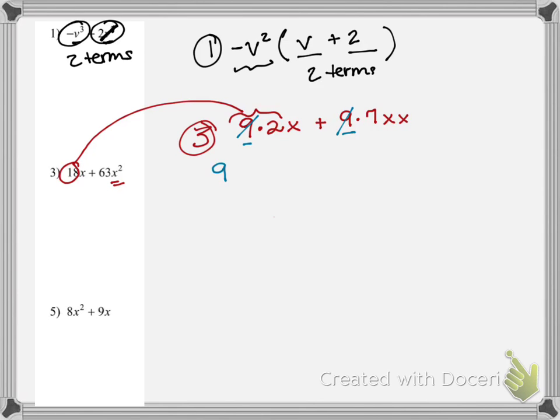They both have at least one x, so I'm going to scratch out the x and write it down. And now I just write down everything that's left. Notice in this first term, the only thing left was a 2. So I'm going to write down a 2. And in this term, the only thing left is a 7 and an x, so I'm going to write 7x. And I'm done with that one.